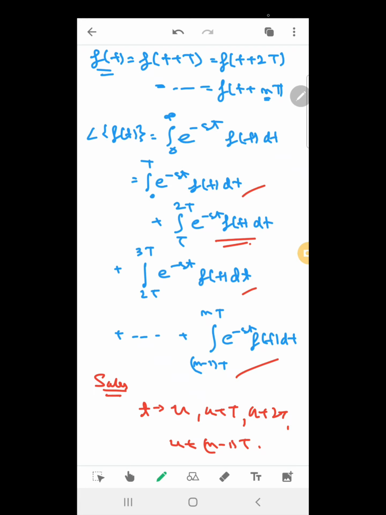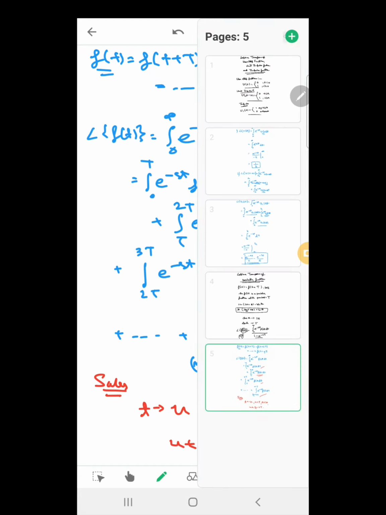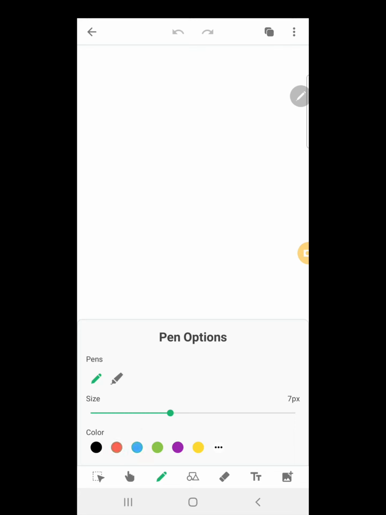Clear? Got it? Okay. Now after substituting, we will have the integrations given as follows.